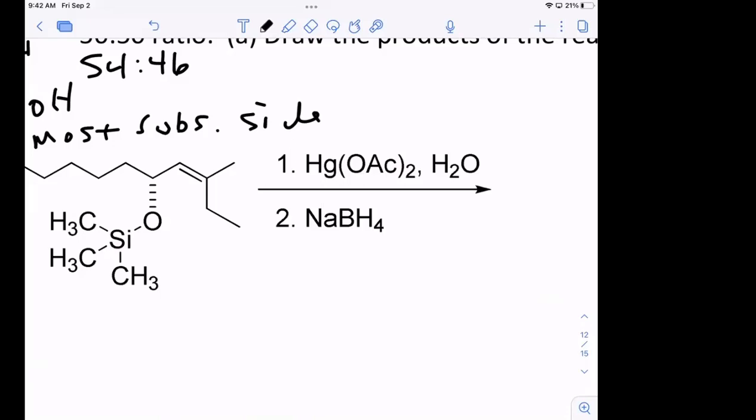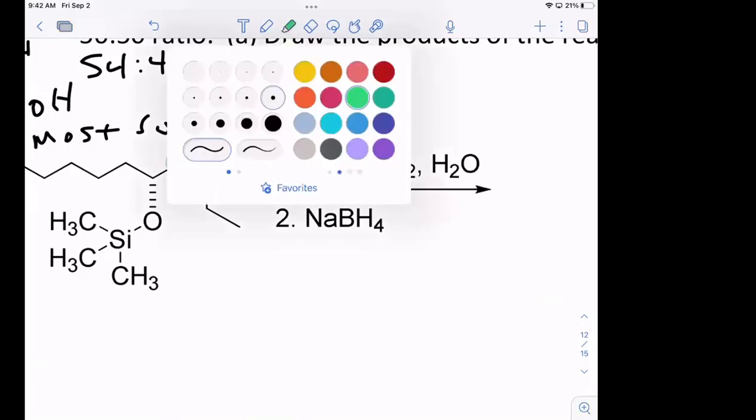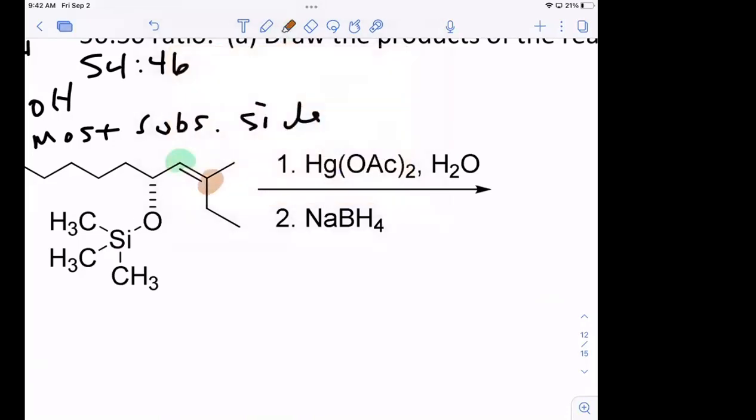Which side of that double bond is more substituted? The left side or the right side? Left being this side, and then right being this side. Which side is more substituted? All right, look at the way you tell that.